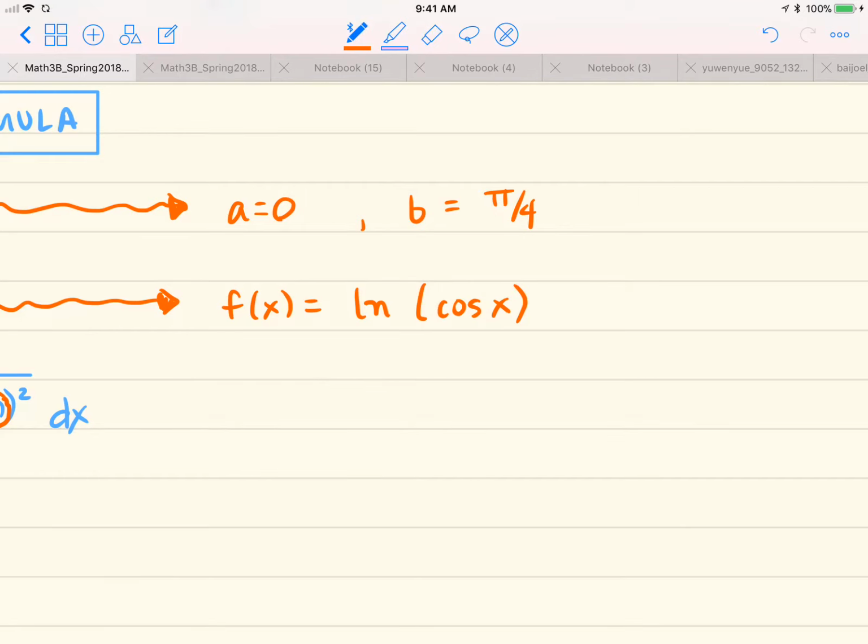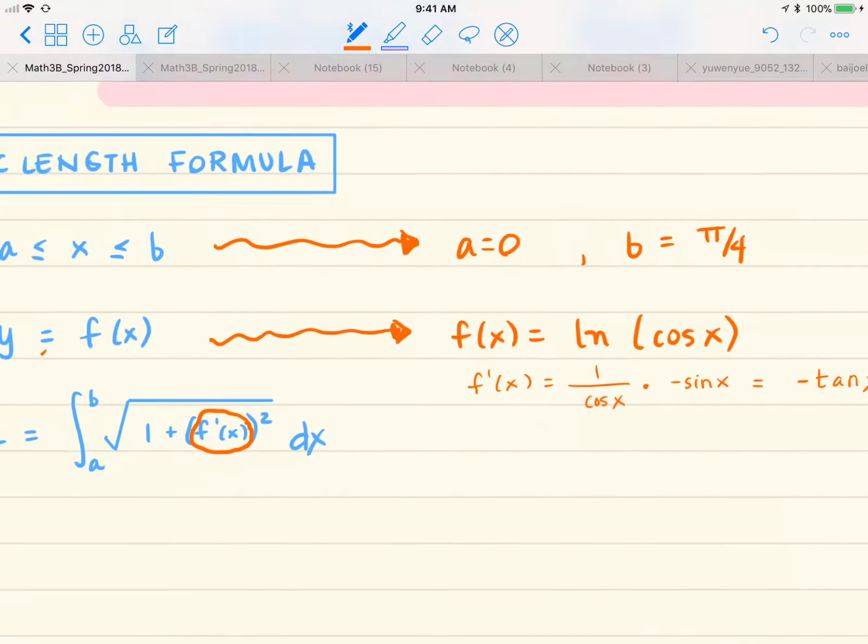So f prime of x is going to be equal to, I'm going to use the chain rule. So I have 1 over cosine of x times the derivative of the inside, which is the derivative of cosine of x, which would be negative sine x. And this is another way of writing negative tan x.